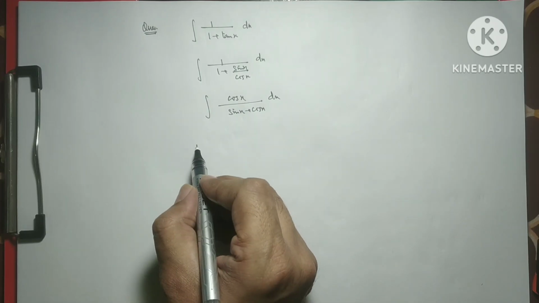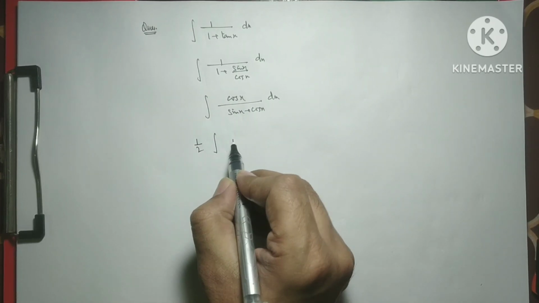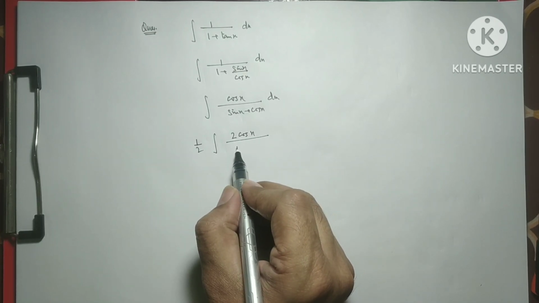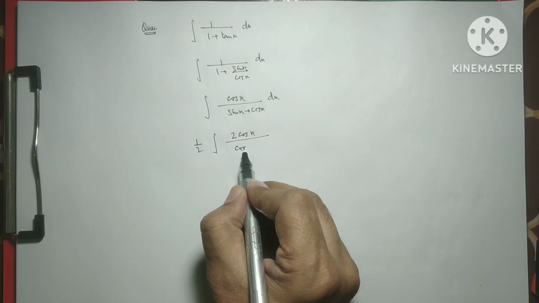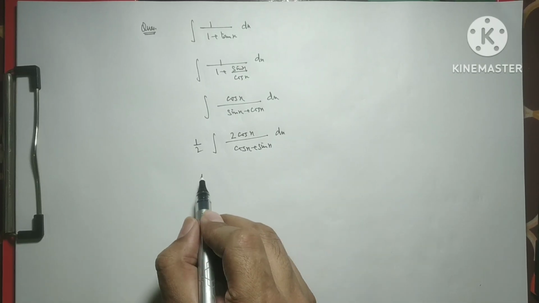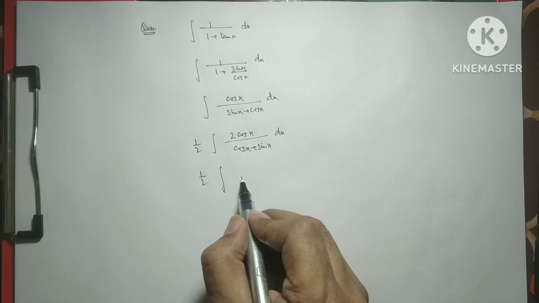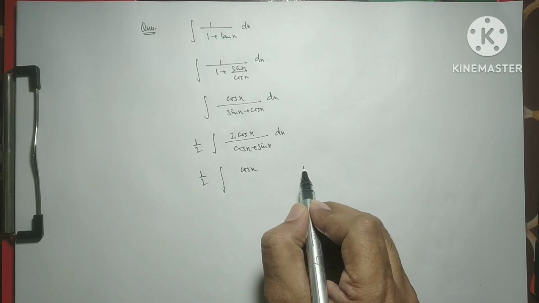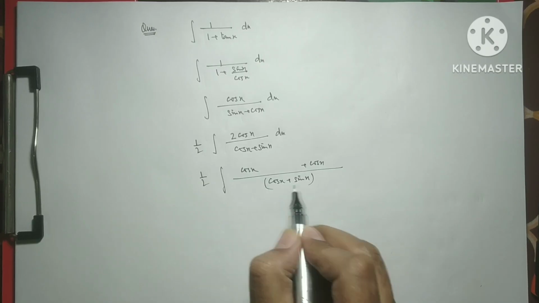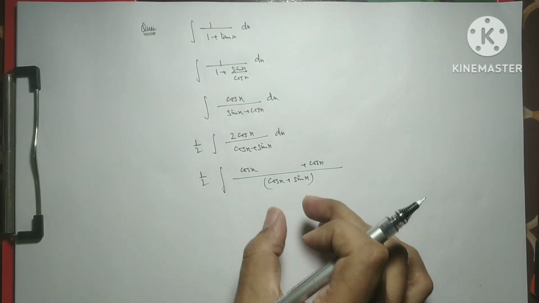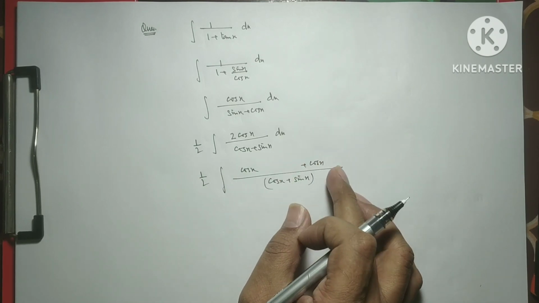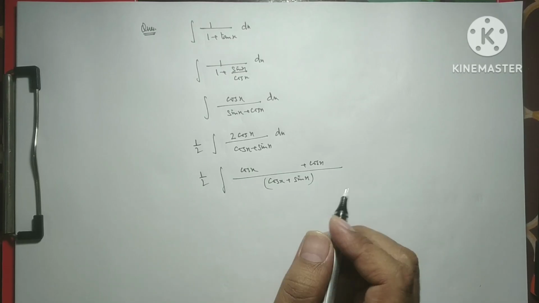Now for solving this, first we will multiply by 2, so this becomes 2 cos x over sin x plus cos x, or you can say cos x plus sin x, it is the same thing, and we can place 2 cos x as cos x plus cos x and the denominator as it is, and as the denominator has a sin x part but there is no sin x in the numerator, so we will do a smart move.